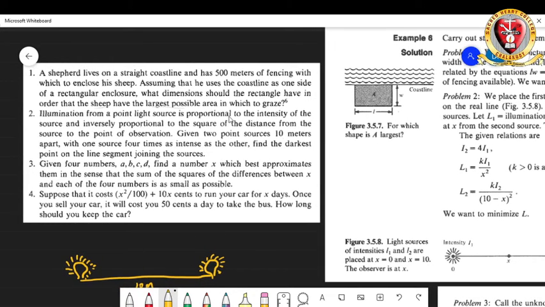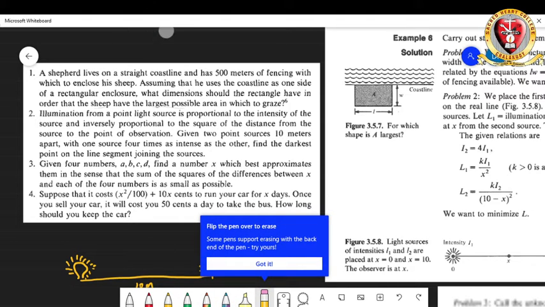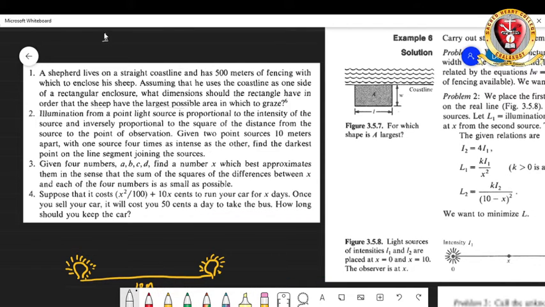Then it is said that the illumination from a point light source is proportional to the intensity of the source. We denote the illumination L1.